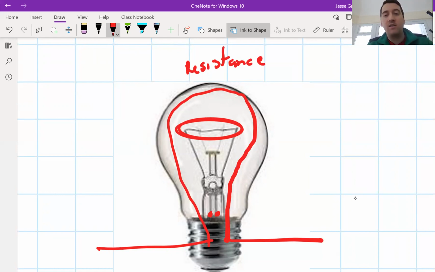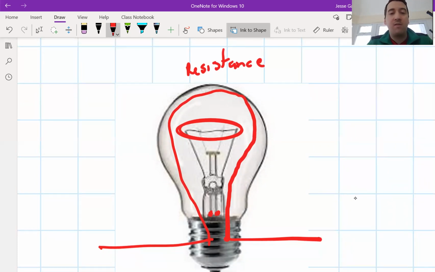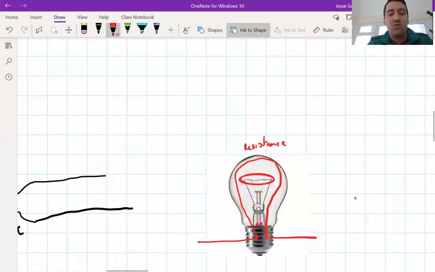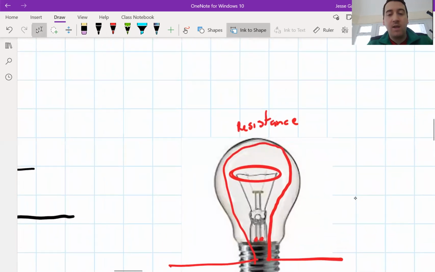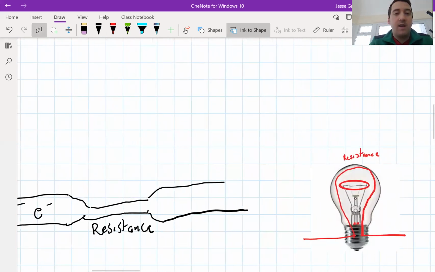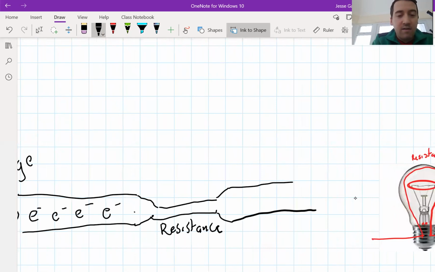It gets so hot that it starts to glow, and it starts to transfer heat out to the surroundings as light. And this type of transfer, we call a wave transfer. You will remember that from our previous topic when we did energy transfers. So the bulb provides a resistance with this very thin piece of tungsten wire. As the coulombs of electrons get forced through, they slow down and transfer energy to the surroundings.